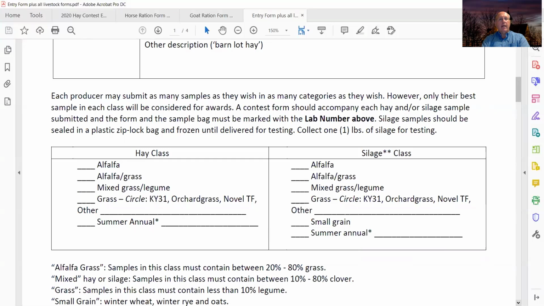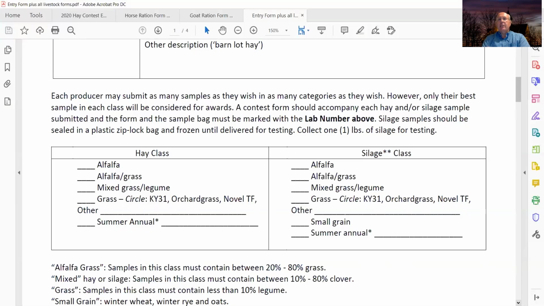If it's a pure grass, then we want you to indicate what kind of grass, and whether it's Kentucky 31, and by that we would assume that it's the toxic Kentucky 31. If it's another grass, say bluegrass, then mark that as well. If it is a summer annual, then check that, and then you need to specify which one.